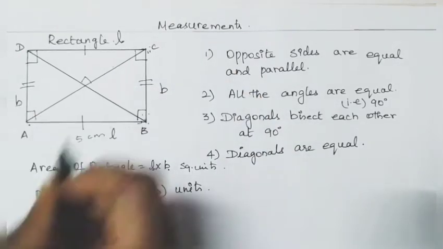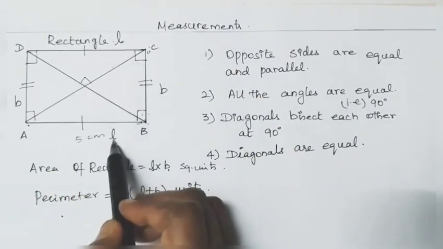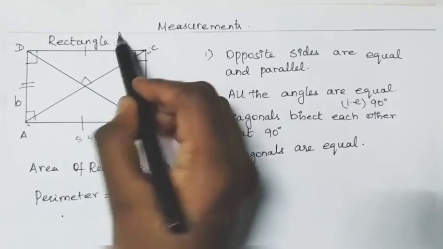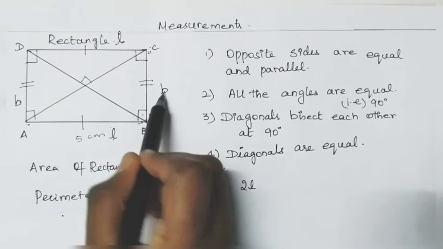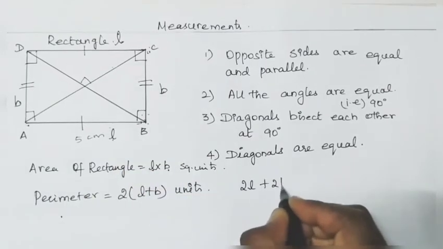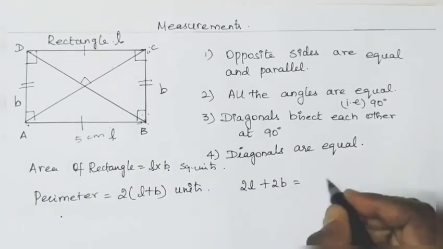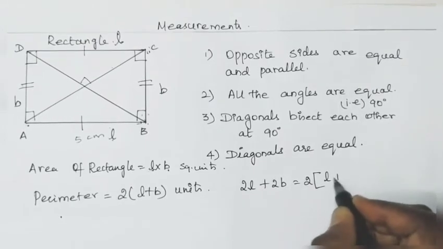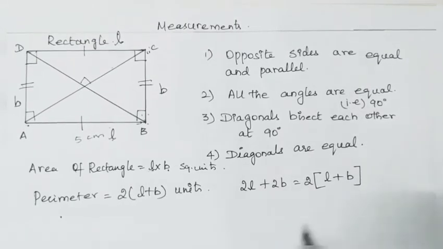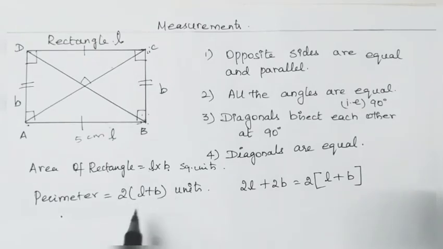And this is B. So how many L are there? L plus L, 2L. And 2B. So 2L plus 2B. Now take the 2 commonly out. So you have 2 into (L plus B). This is how you got the formula. Perimeter of rectangle is 2 into (L plus B) units.